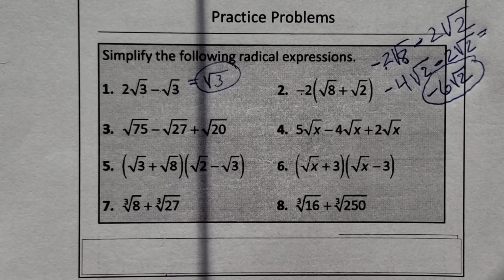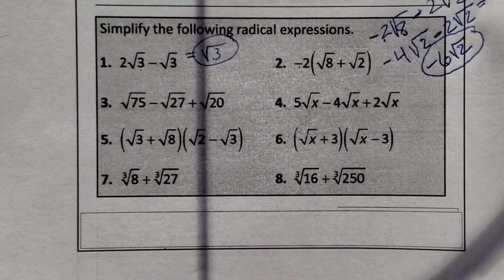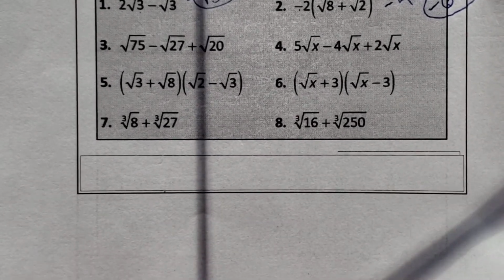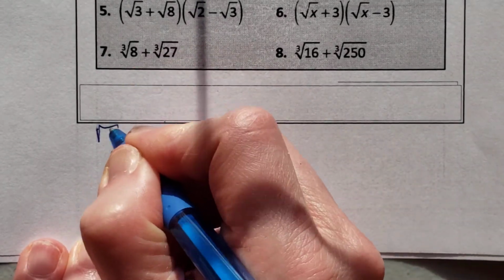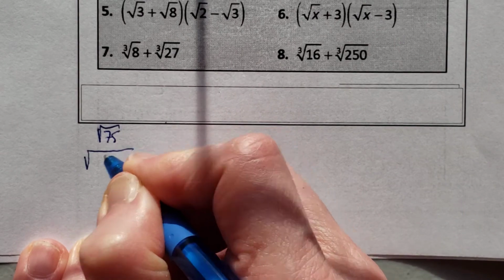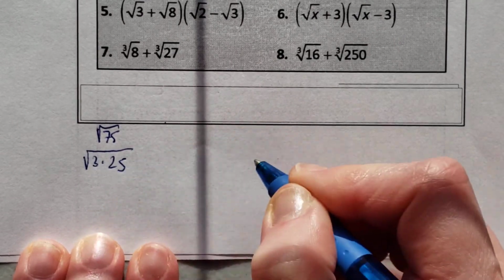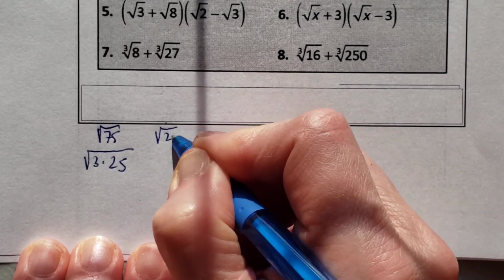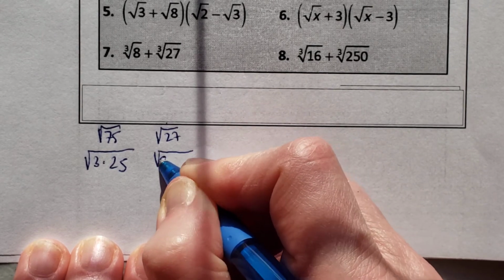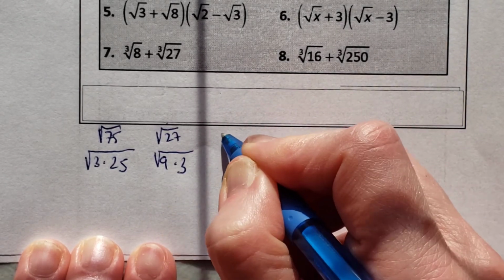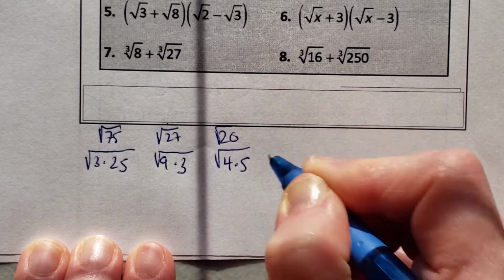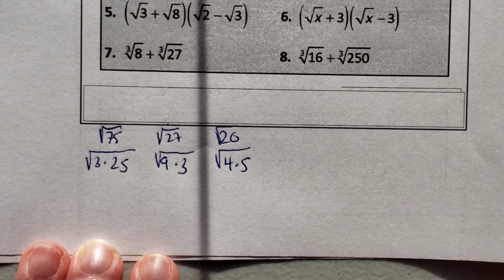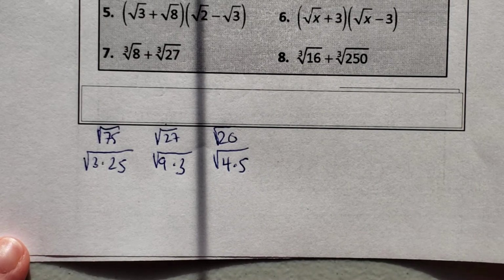All right, on number 3, those are all unlike terms. So here at the bottom, I'm going to simplify. So 75 is the same as 3 times 25. 27 is the same thing as 9 times 3. And 20 is the same thing as 4 times 5. And in all of those, I looked for the biggest factor that's a perfect square.